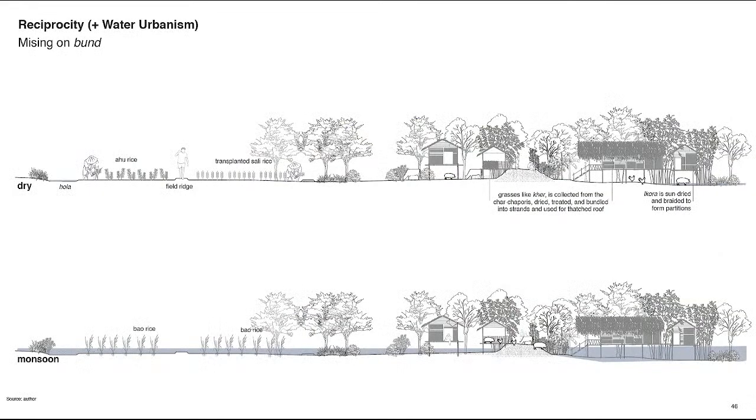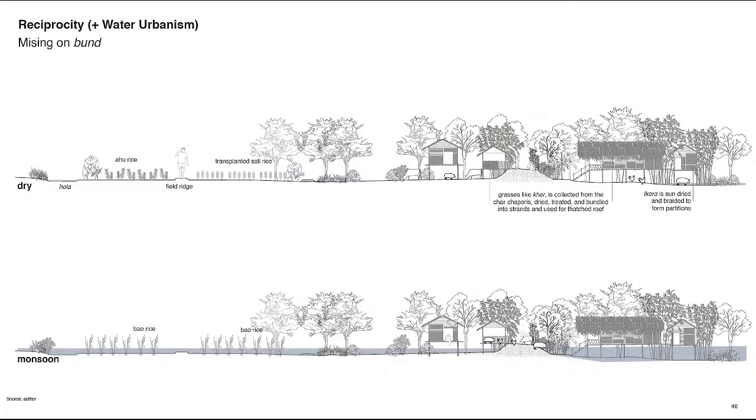The bund is also a very interesting element for me, also from the point of view of architecture. If you see these two sections, one in the dry season and one in the monsoon, you can see the bund here, and also how the people use it. During the dry season, it acts as a very public social space, like an extension of their courtyard.